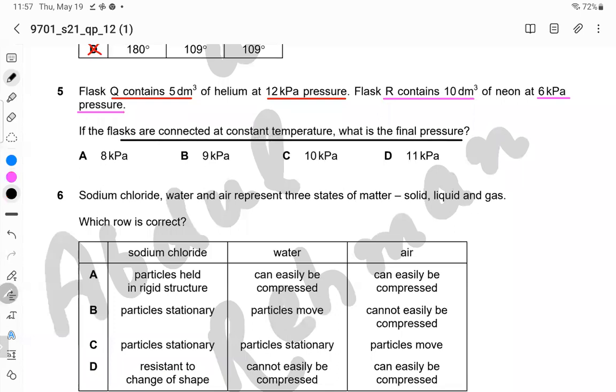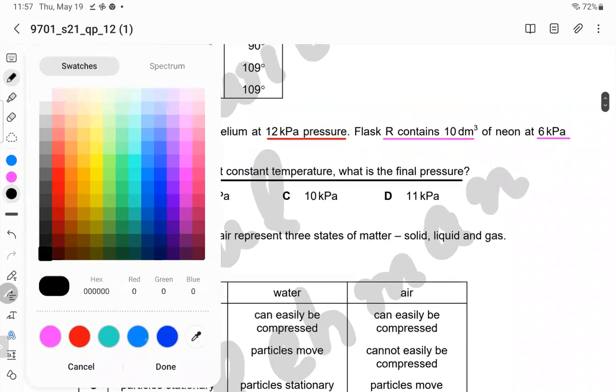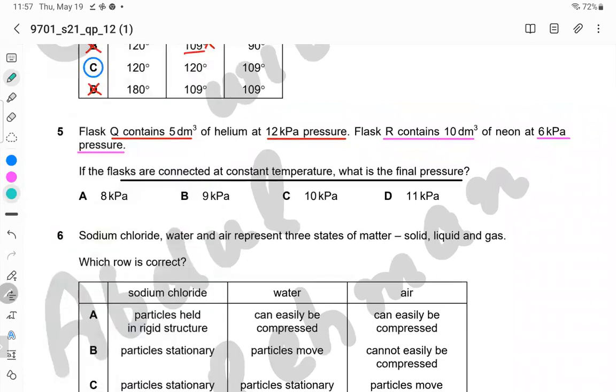Okay. This is the trickier one. See how you will solve it. So here you have a flask Q having helium in it. Its volume is 5 dm cube and the pressure is 12 kilopascal.